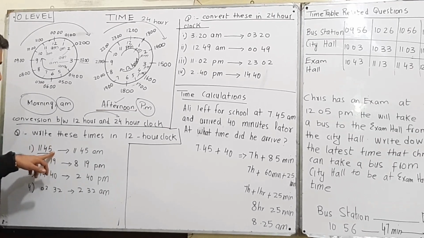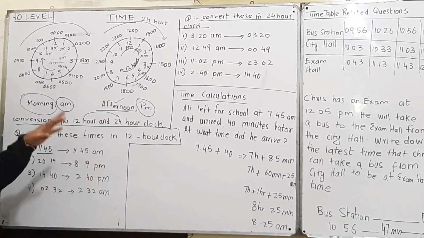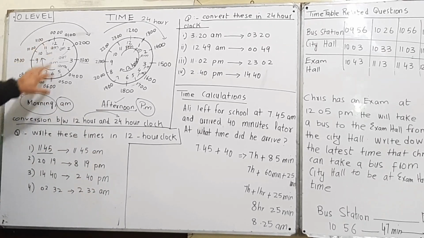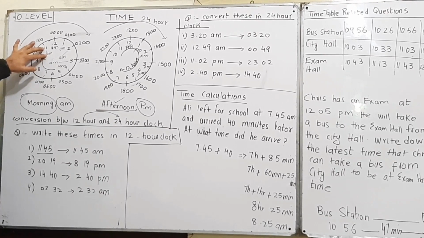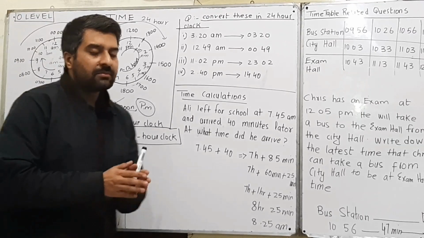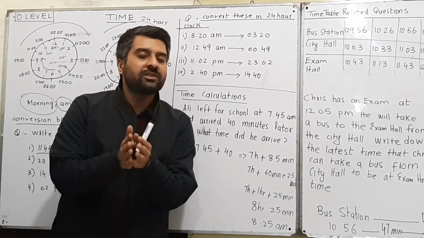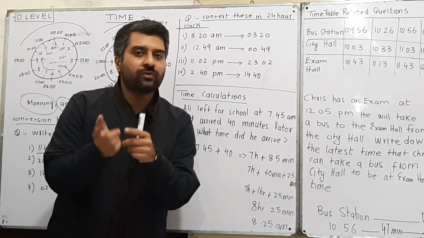Now 11:45 is 11:45 AM. Why? See this clock, morning time, this is 11 AM, and for 11 AM you have 11 in the 24-hour clock. In the 24-hour clock, the morning time is up to just before 12.